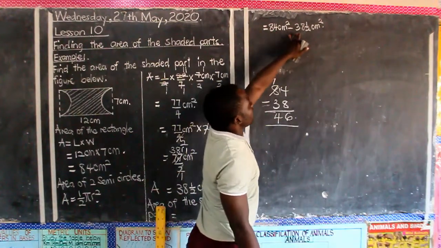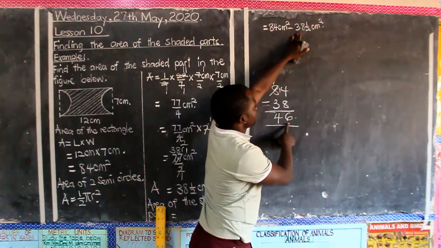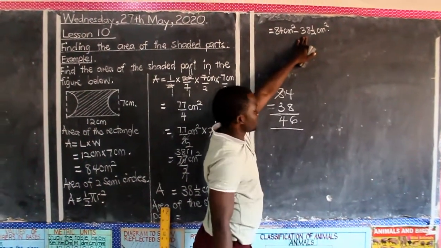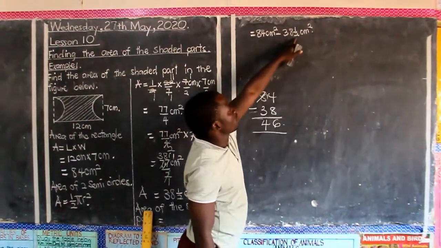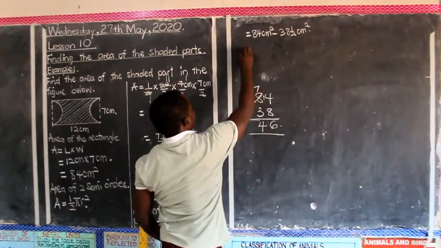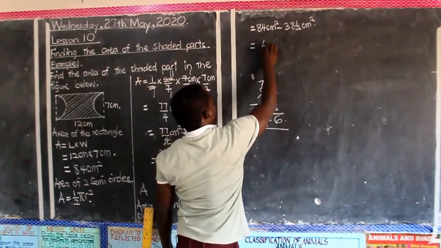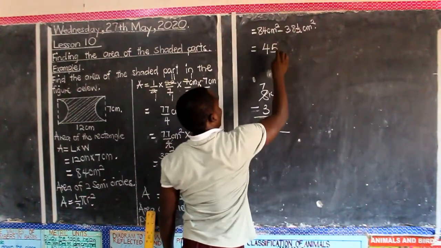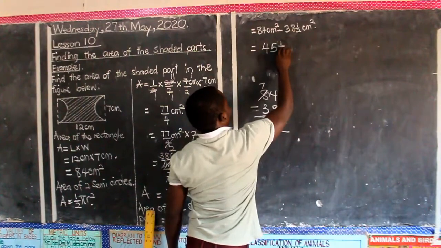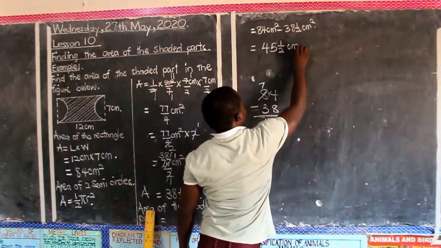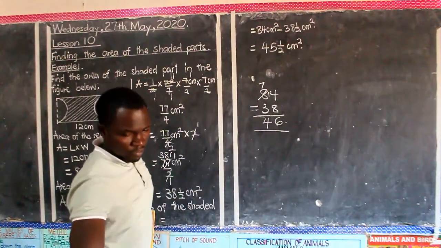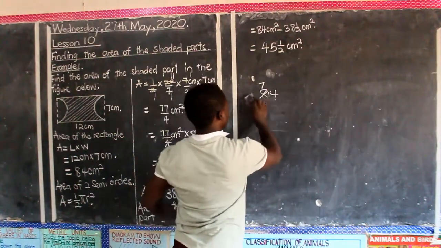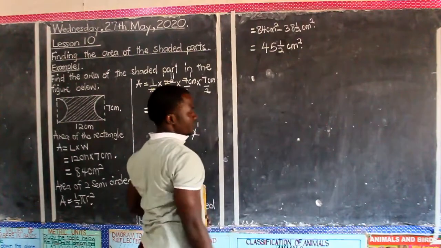It was 84 minus 38, we get 46. Now 46 minus a half. We shall have here 45 whole number 1 out of 2 square centimeters. So that is the area of our shaded part.